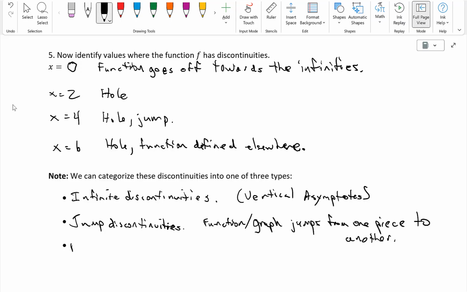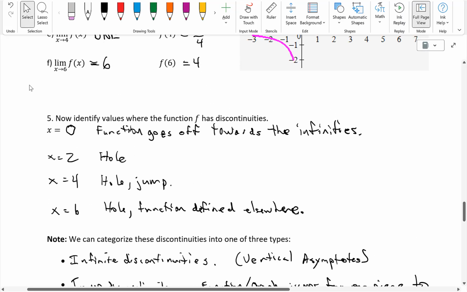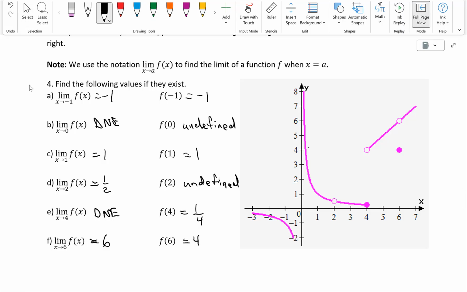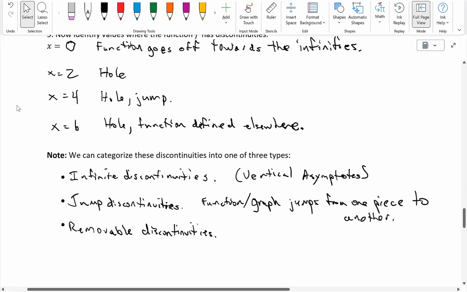And then we have the last one, which are called removable discontinuities. And this is where pieces of the graph are just separated by a hole. So still both sides connect to the same spot. So you can see the difference hopefully between what's happening at 2 and 6 versus what's happening at 4. Right? So for both of these, both sides of the graph we're still coming to the same spot. So really, if we want to write down there, we can say the limit exists. Right?